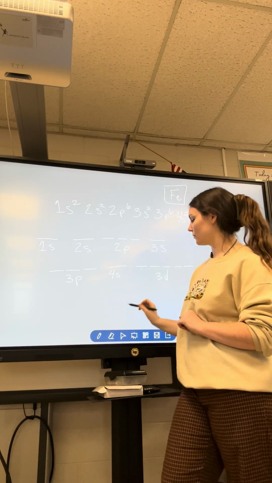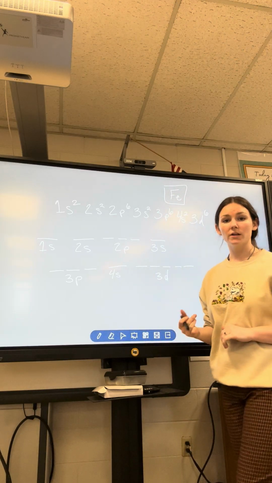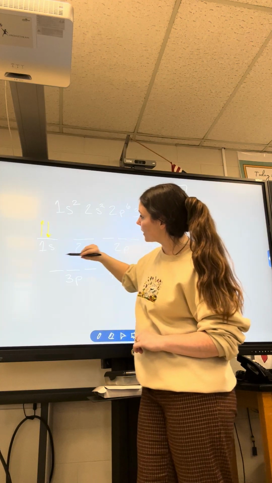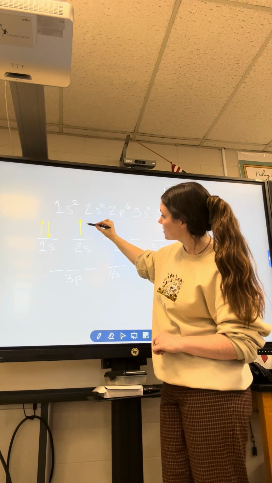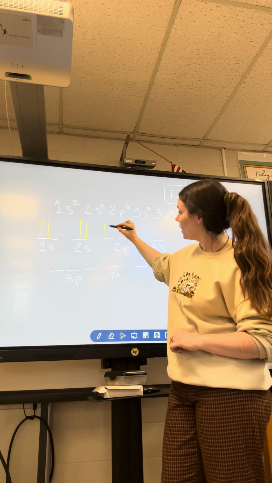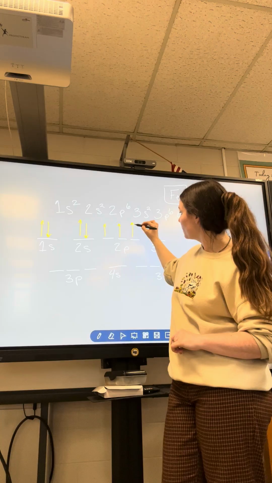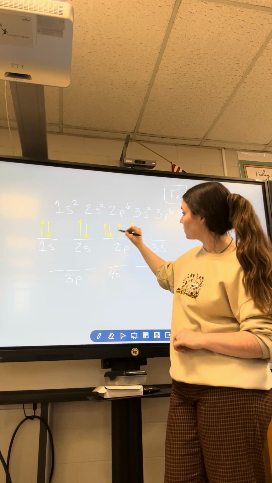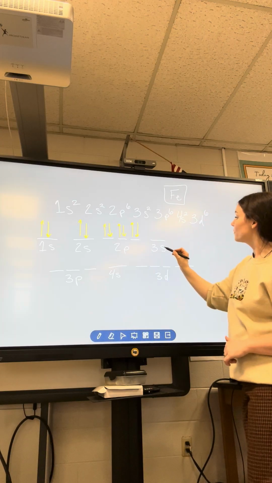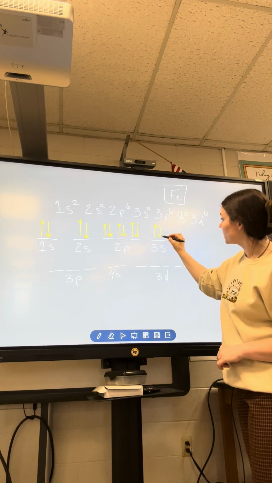Let's do yellow for our electrons. Okay. So putting in our electrons, again, we have upwards arrow, downwards arrow, upwards, downwards. Same thing with P, so we go up, up, up, and then down, down, down. For 3s, we have 1 up, 1 down.